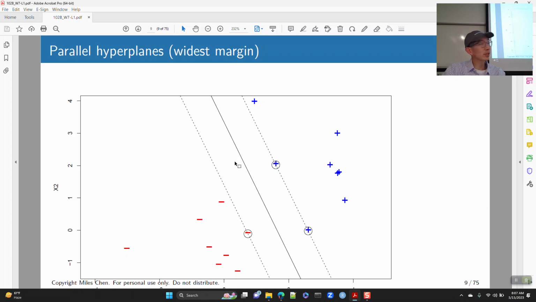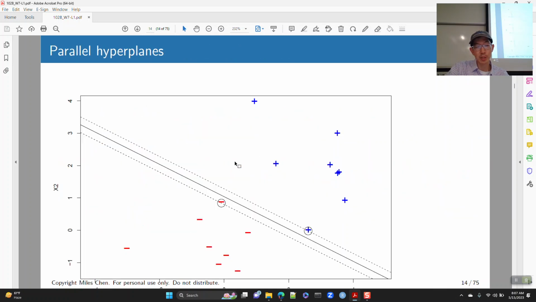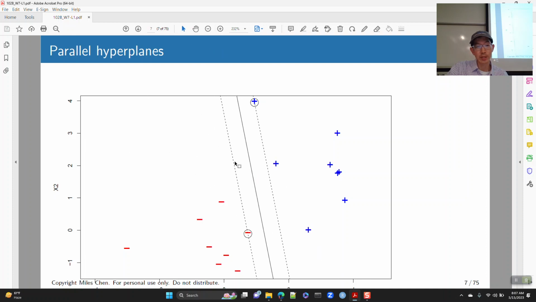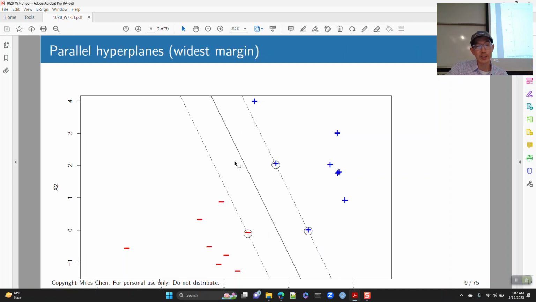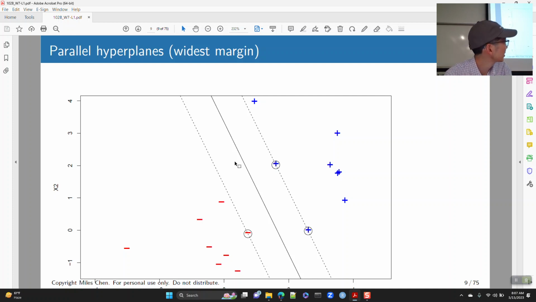And if I continue rotating or changing the slope, then we can see the margin gets more narrow. So as I rotate this, we want the one that's as wide as possible. Okay, that's it. So this is our set of parallel lines or parallel hyperplanes in higher dimensional space with the widest margin, where these two lines are as far apart as possible.